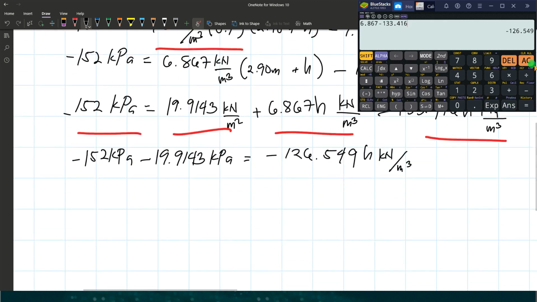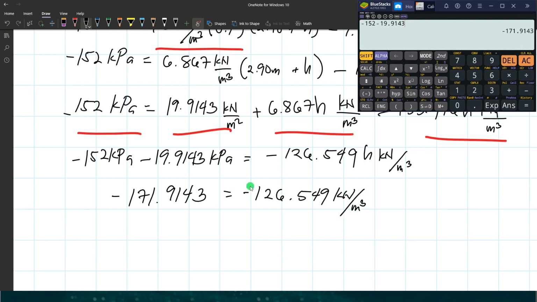Subtract negative 152 by 19.9143: negative 171.9143 equals negative 126.549 kilonewtons per cubic meter to be multiplied by H.